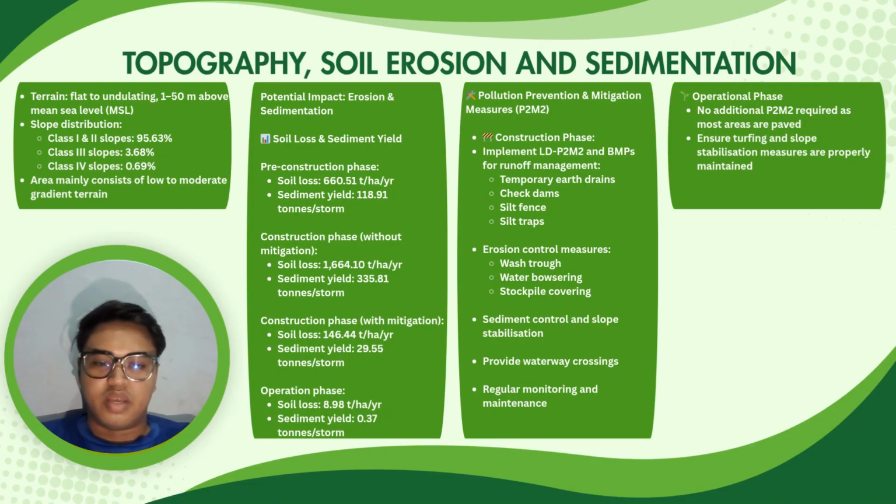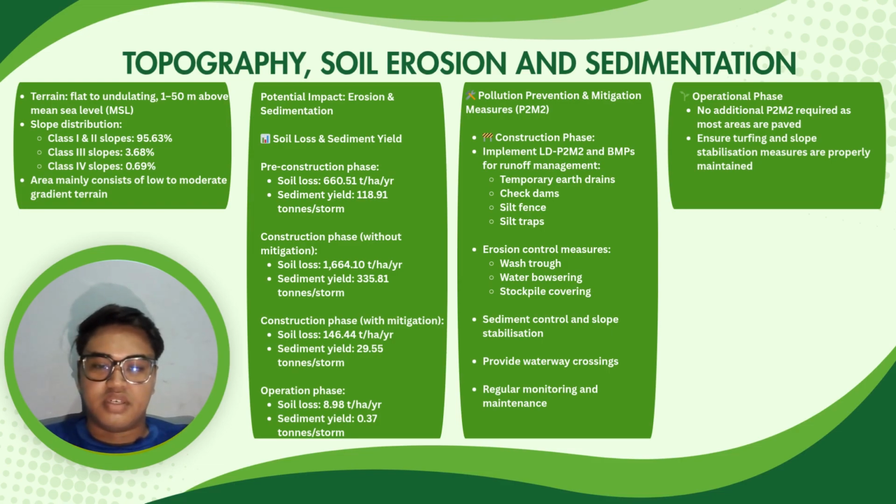Next, for the potential impact on erosion and sedimentation, there is a significant difference between different project phase. Before construction, the soil loss is estimated at 0.51 tons per hectare per year, with a sediment yield of 118.91 tons per storm.